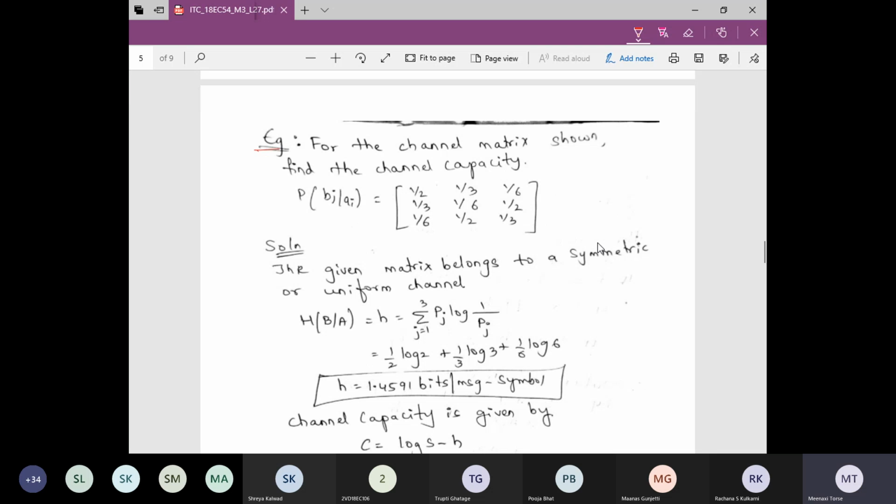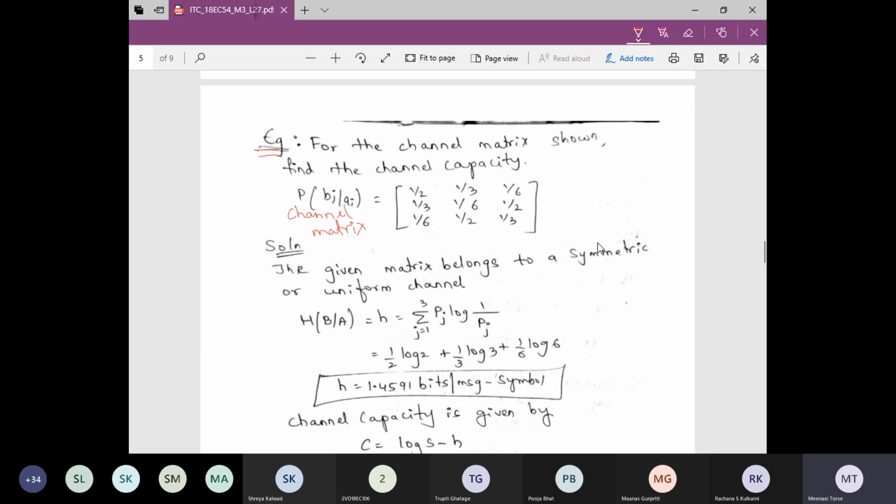Consider an example. For the channel matrix shown, find the channel capacity. The given matrix is a channel matrix. You can observe the first row elements are 1 by 2, 1 by 3, 1 by 6. The second row elements are also 1 by 2, 1 by 3, 1 by 6.